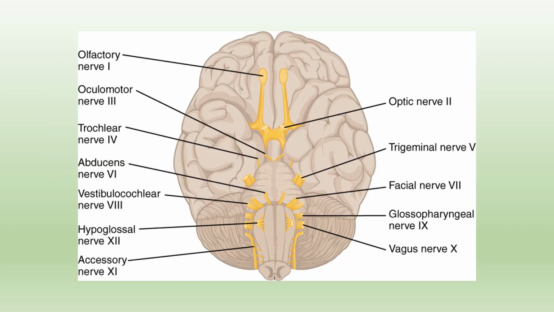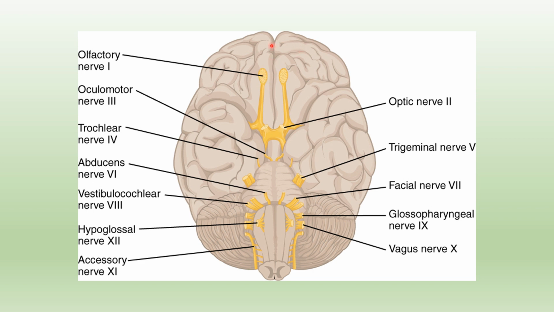We tend to, once again, do more of the anatomy in the lab portion and more of the physiology in lecture. So we're just going to go through these. They do have names followed by a number, and you use Roman numerals. It's just tradition, the way it's been set up.